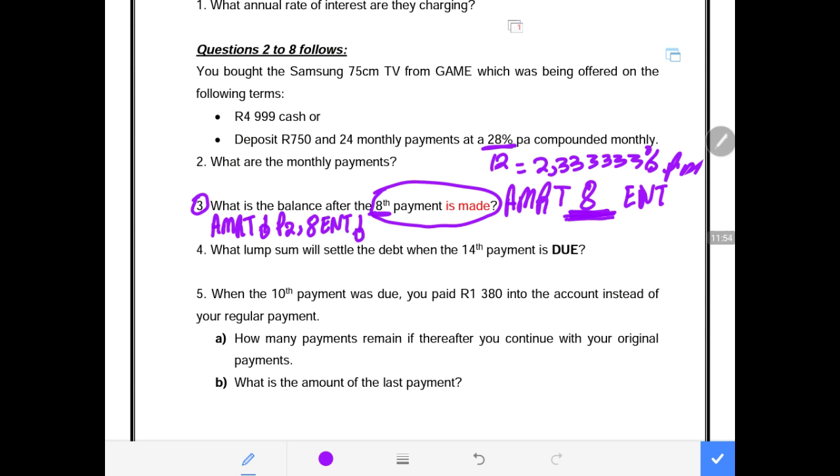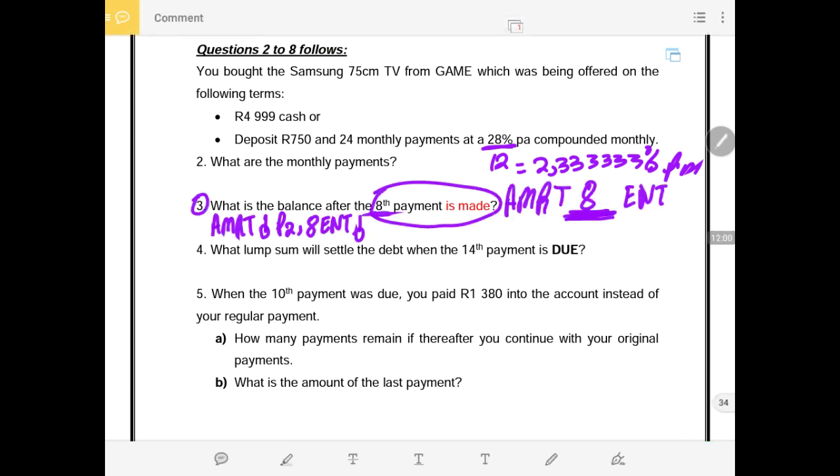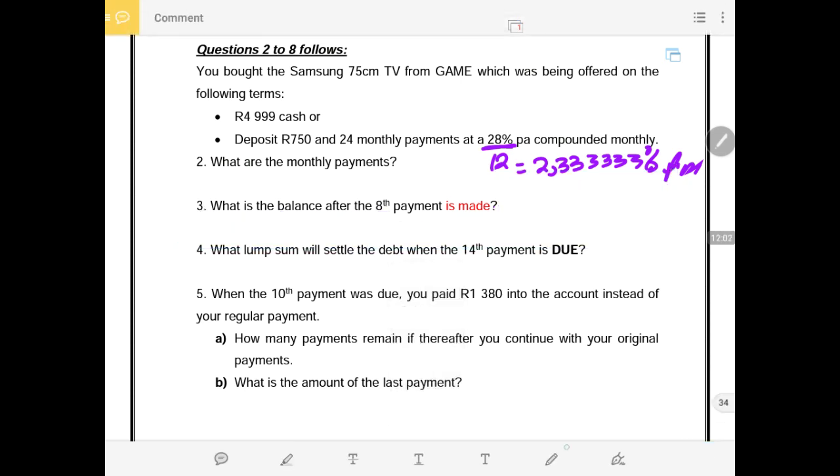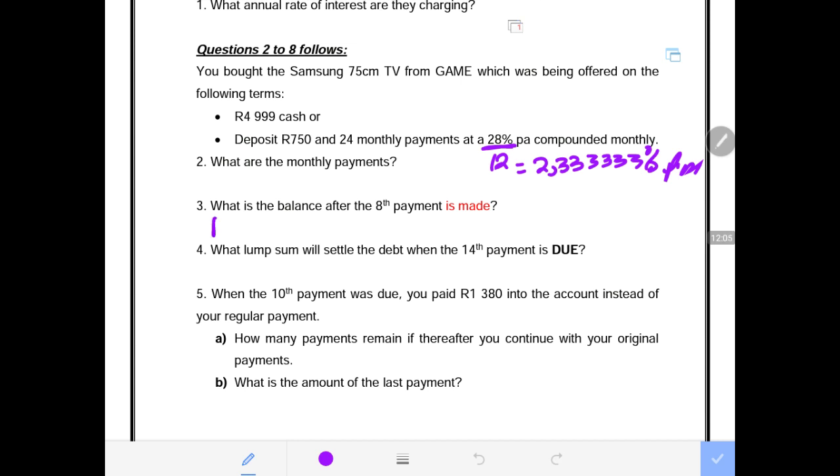The minute we scroll down, it says balance. That means it is giving us the balance after the 8th payment was made. Amount, scroll down, P2, 8, ENT, equals 3,084 and 47 cents. This is the balance after the 8th payment was made.